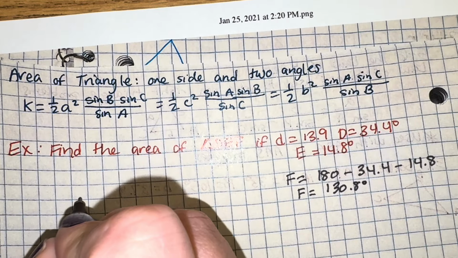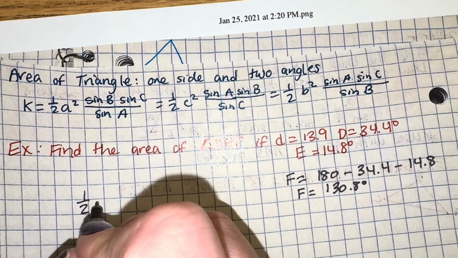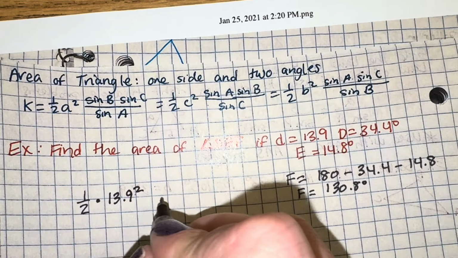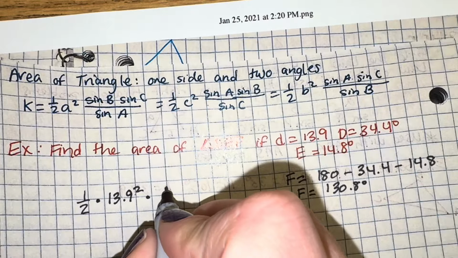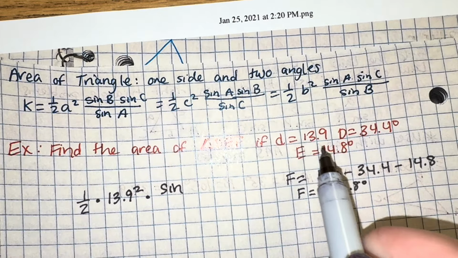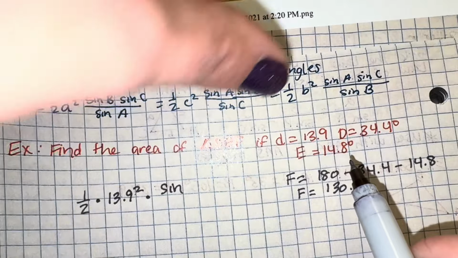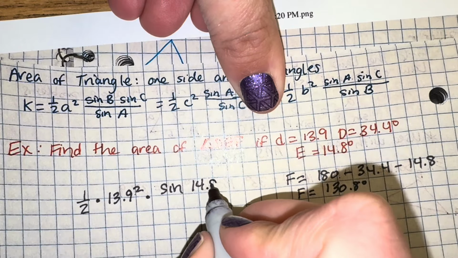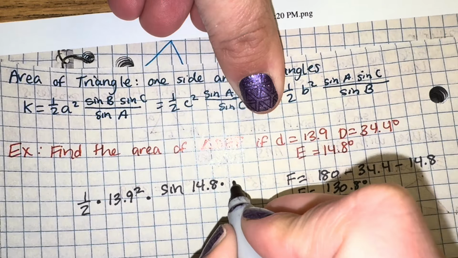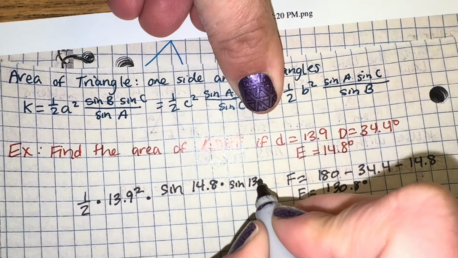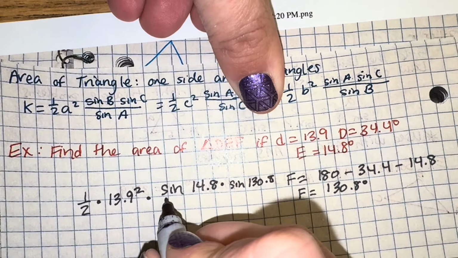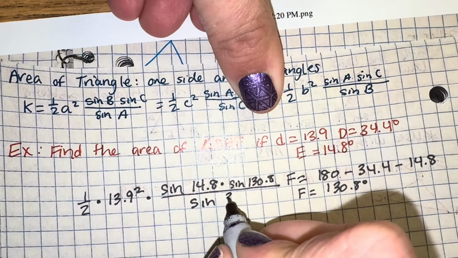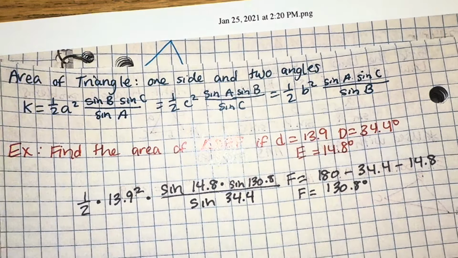So my equation said I need 1/2 of my side squared times the sine of not D. So the sine of 14.8 times the sine of 130.8 divided by the sine of 34.4.